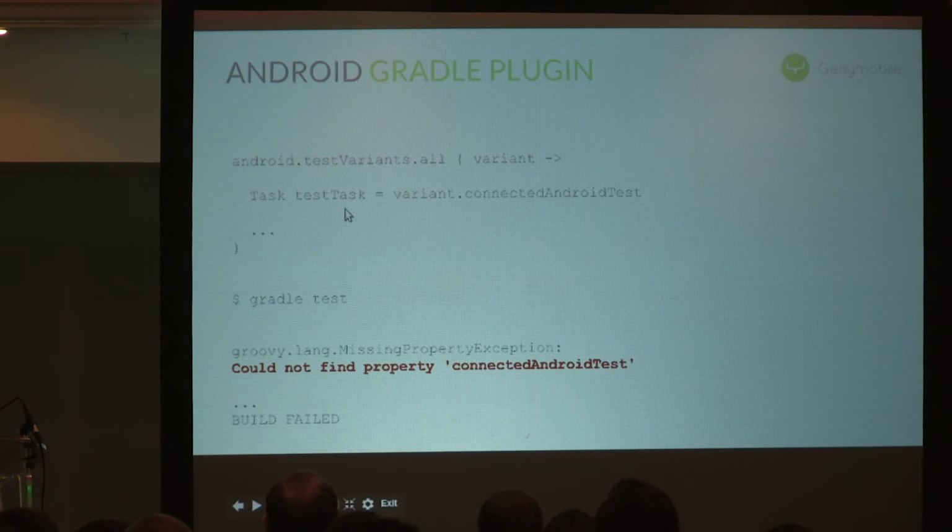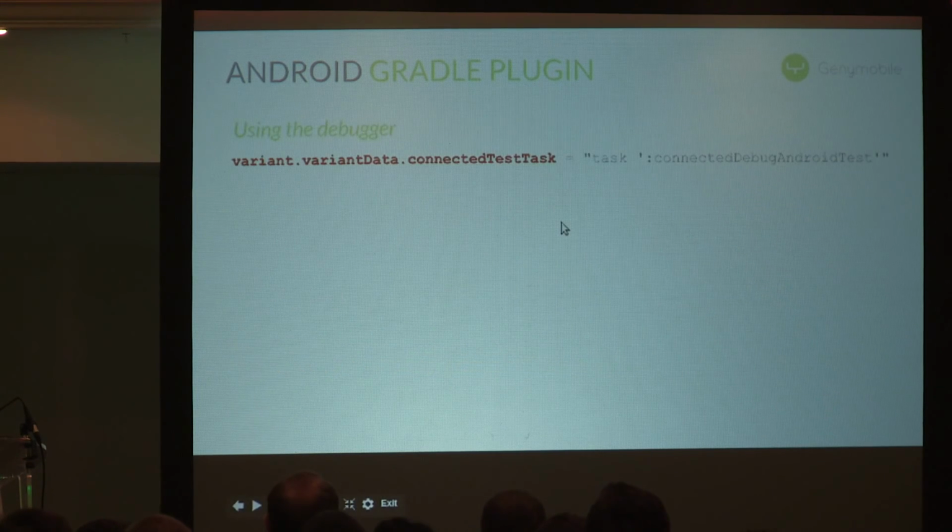Oh, sorry. If I put my finger on my screen, you don't see it, right? So here's my mouse. I put a breakpoint here, and I just browsed into the variant object. What I found quite easily is that on variants there is another property called variantData. And inside variantData there is this connectedTestTask, an interesting name for us. And actually, it was connectedDebugAndroidTest. So that was the property I was looking for, and I found it.